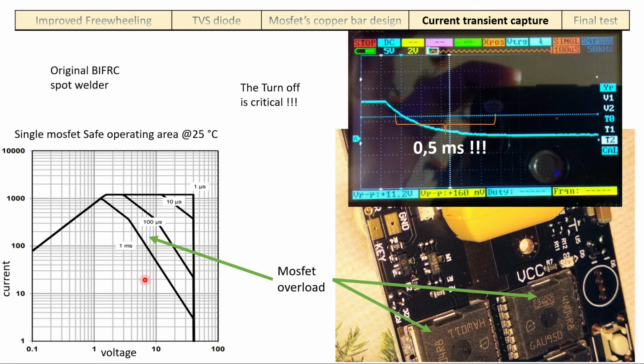So you have the voltage during the load less than 10 volts with 0.5 milliseconds corresponding to a current less than 200 amperes. So each MOSFET is able to provide 200 amperes instead of the designed one.